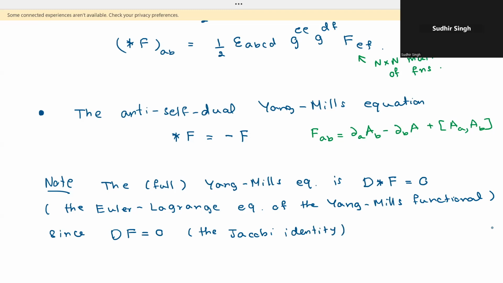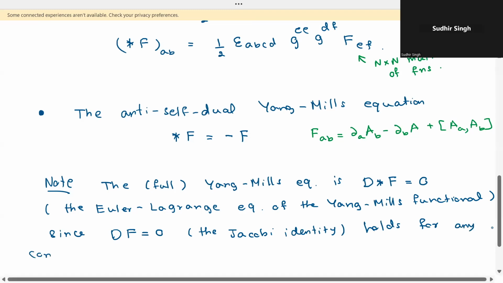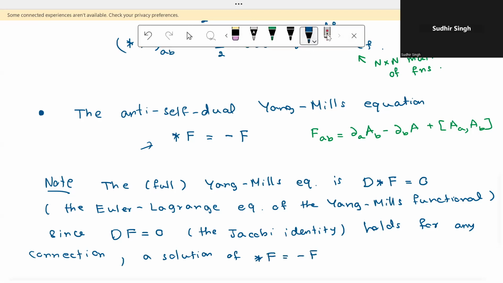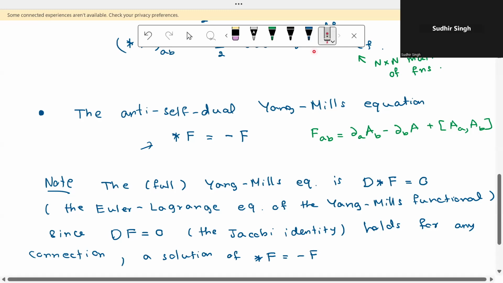Since this holds for any connection, it follows that if you have a connection that is a solution of the anti-self-dual Yang-Mills equation, then you put star F in here, and you have the Jacobi identity.